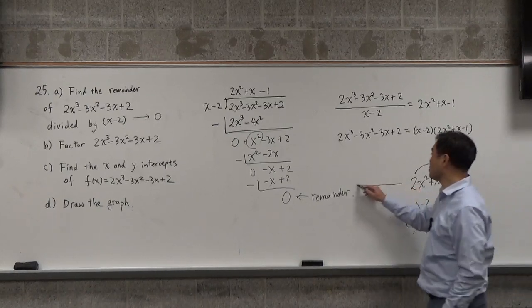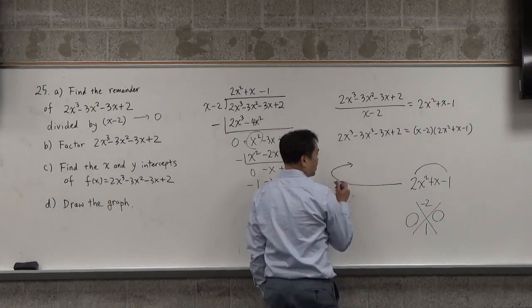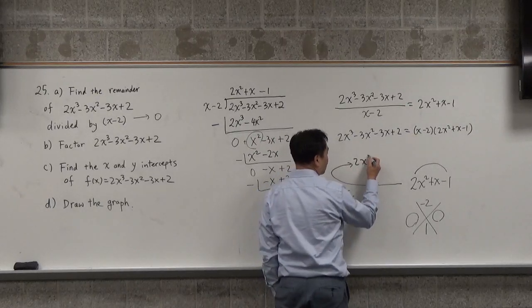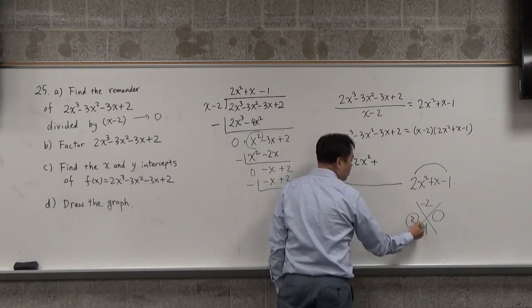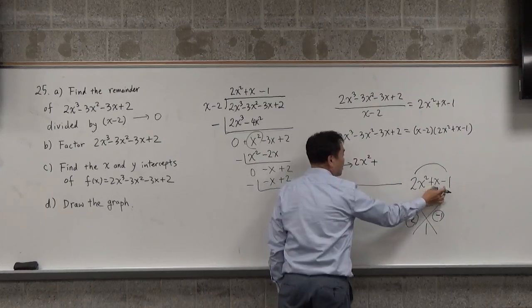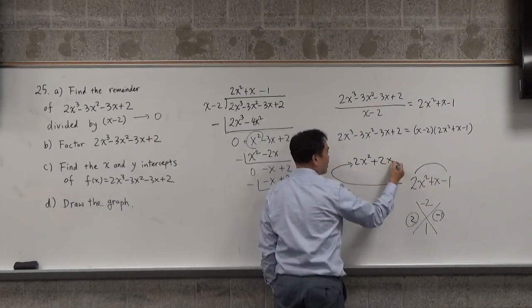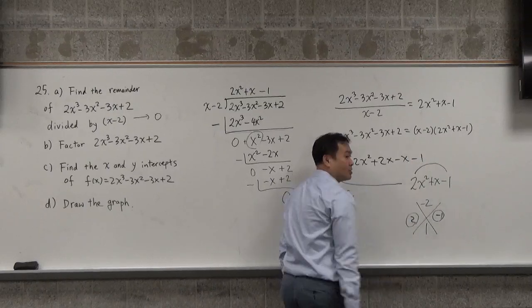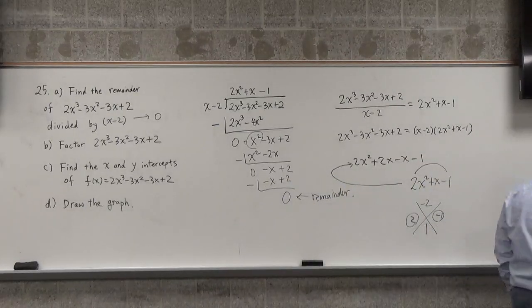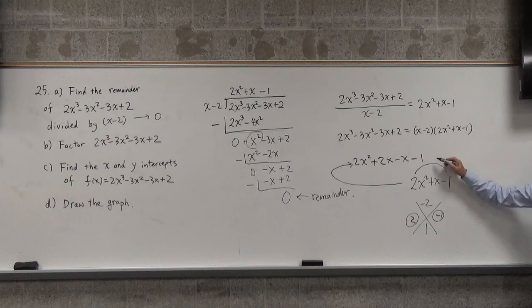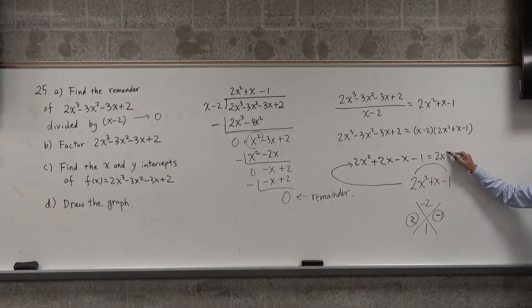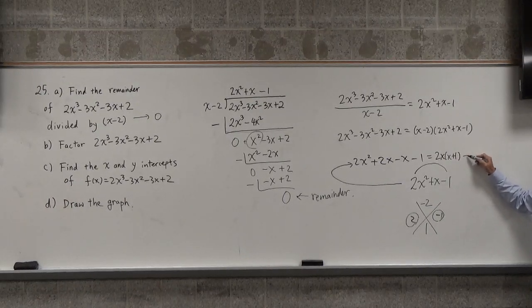Right, so this is going to be 2x squared plus, it's 2 and negative 1, so you split the middle x as 2x and minus x. That's how we learn to factor these kinds of things, right? Which now becomes 2x times x plus 1 minus x plus 1.